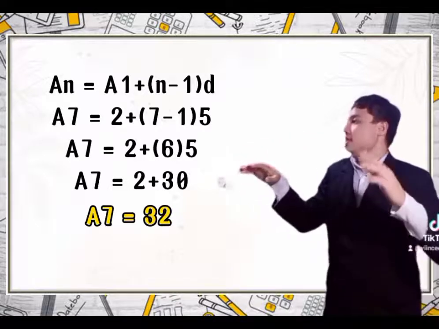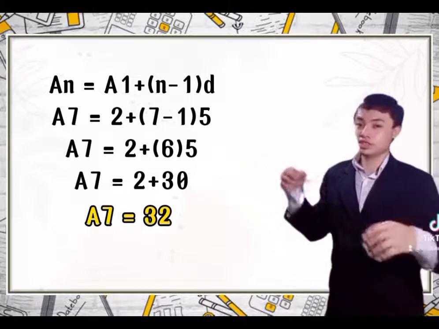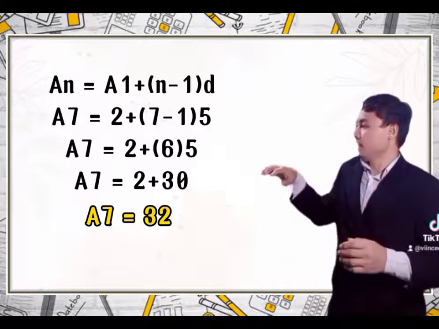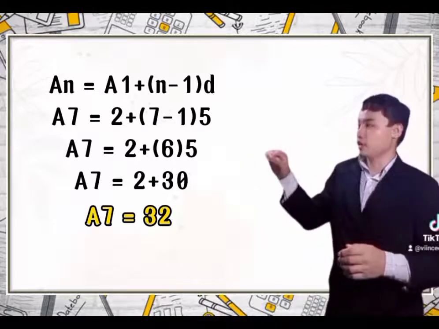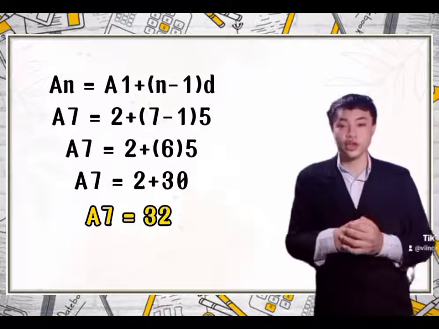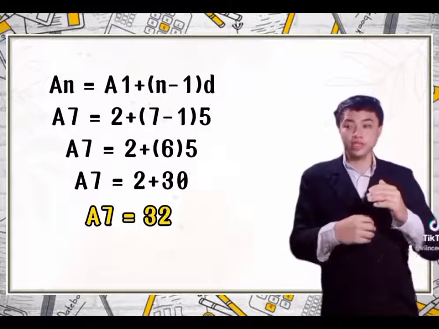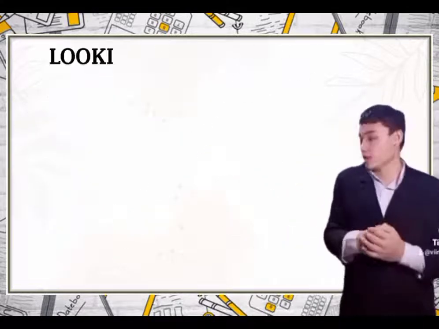We multiply 6 times 5, so it results in 30. Then a sub 7 equals 32. So therefore, our seventh term is 32.